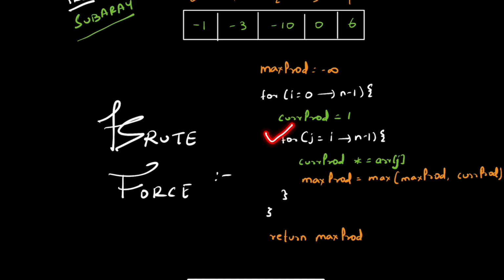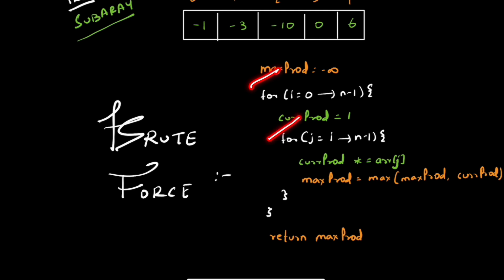And in every iteration we are multiplying array of j with the current prod, right? And after we update our current prod, maybe this could be the potential maximum prod. So we are updating our max prod with the previous max prod and the newly generated current prod. Now after both of the for loops finish, our max prod will have the maximum product of the subarray, right? So we'll return it.